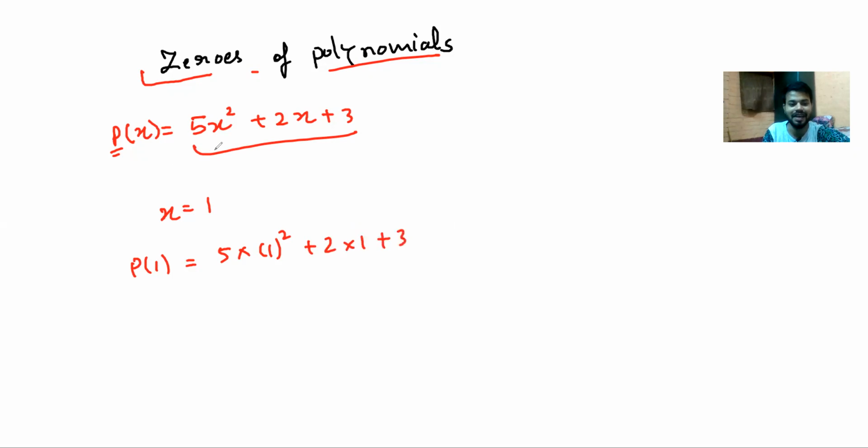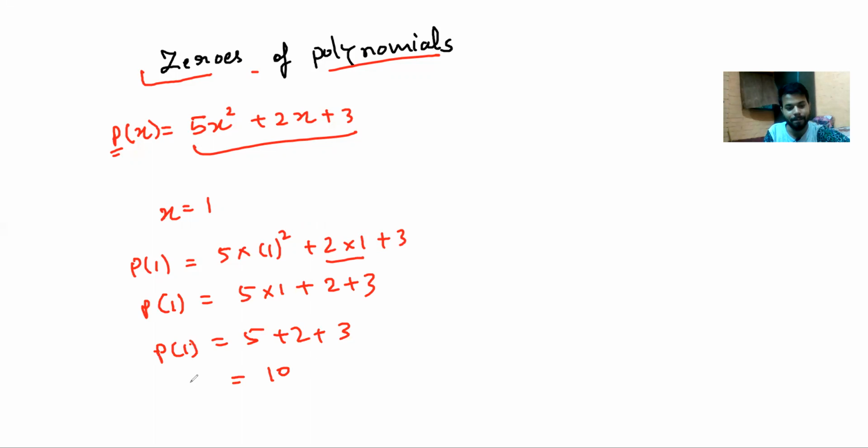I have written 1 instead of x in this polynomial. So p(1) is equal to 5 into 1 square is 1, plus 2 into 1 is 2, plus 3. So 5 into 1 is 5, 5 plus 2 plus 3, 5 plus 2 is 7, 7 plus 3 is 10. So the value of this polynomial for x is equal to 1 is 10.